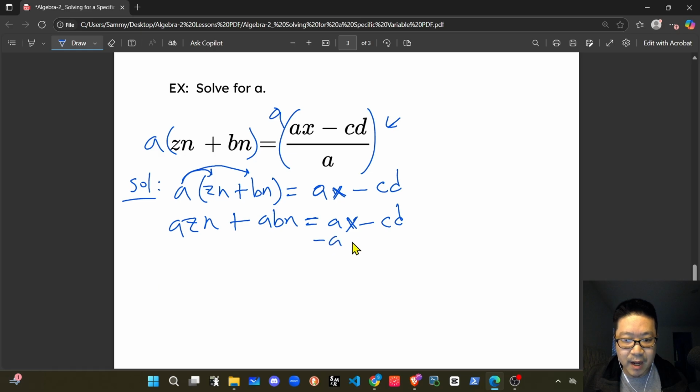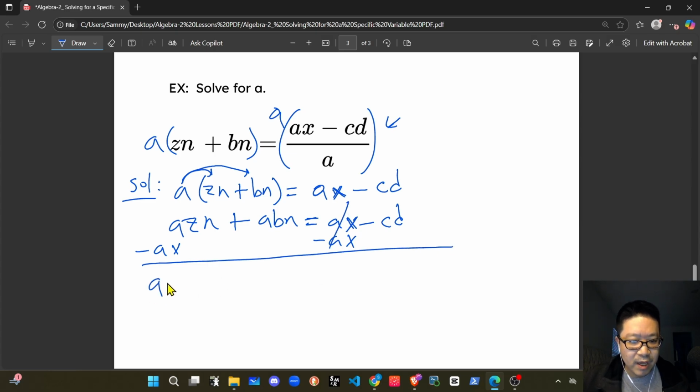So we can move it by simply subtracting AX from both sides. And when you do that, you get AZn plus ABn minus AX equals negative CD.